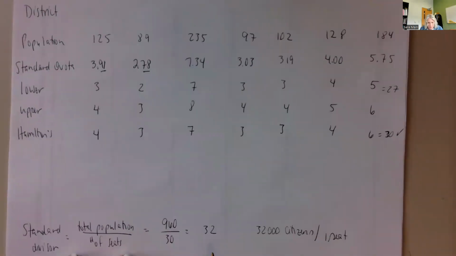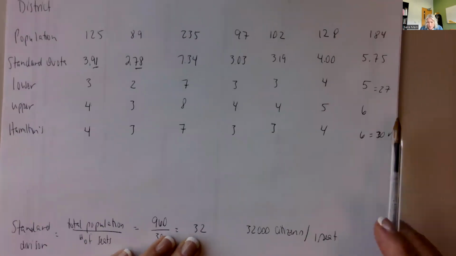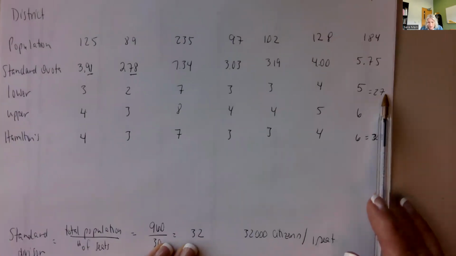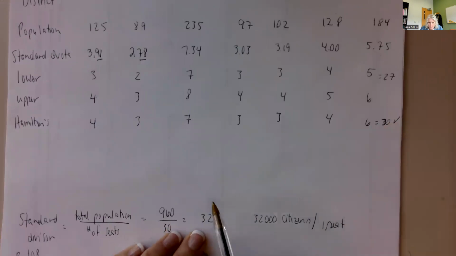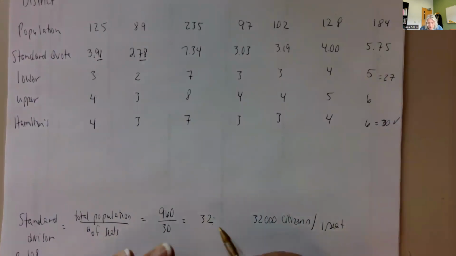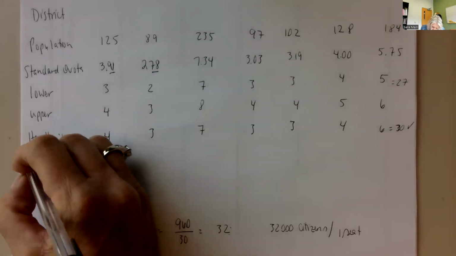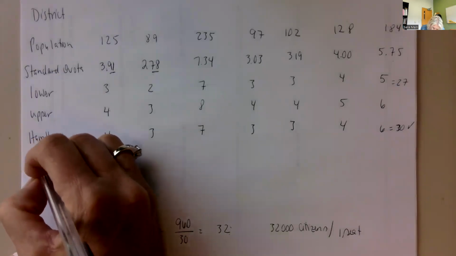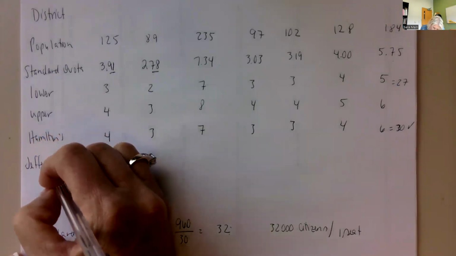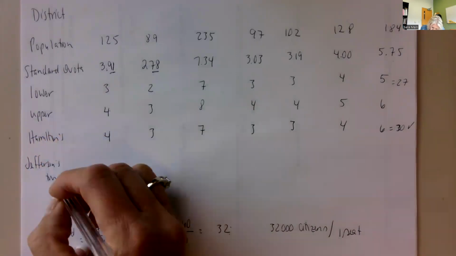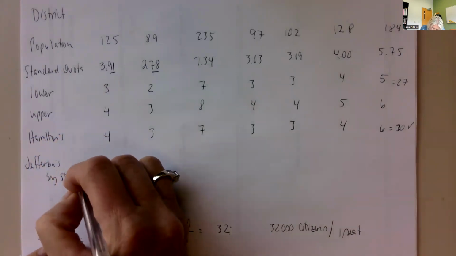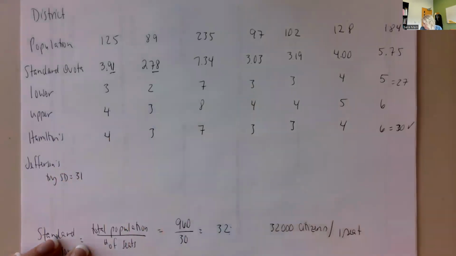Because we had extra seats to give from the lowers, we are going to decrease our standard divisor so that numbers will round up. So I'm going to try 31 and see what we get.